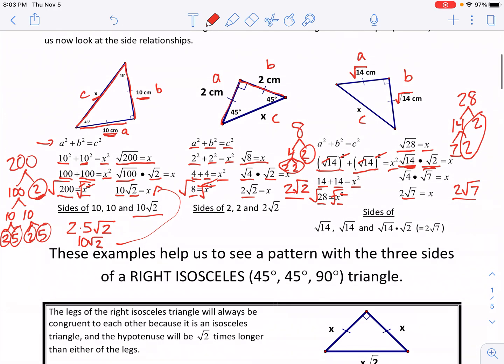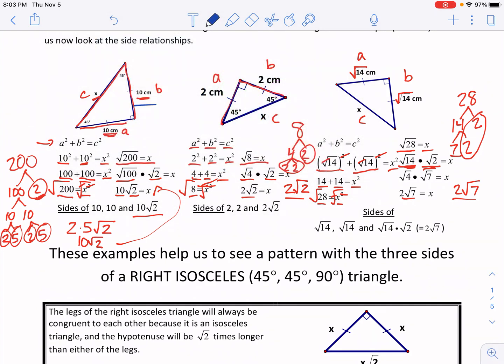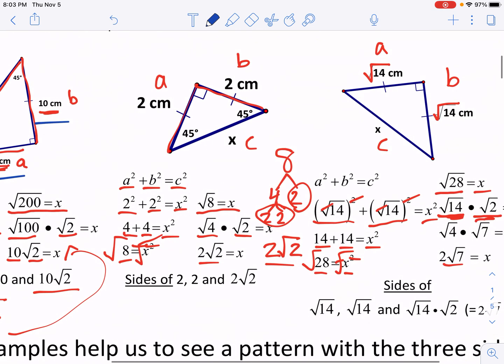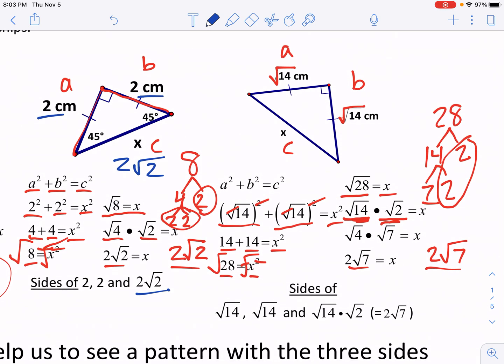Well, what were the side lengths that we began with? 10, right? So we had 10 and 10, and this guy was 10 square root of 2. On this example, our answer was 2 square root of 2. Well, what were our side lengths? 2 and 2, and we ended up with 2 square root of 2, okay? In this example, our side lengths were square root of 14 and square root of 14, and we ended up with 2 square root of 7.